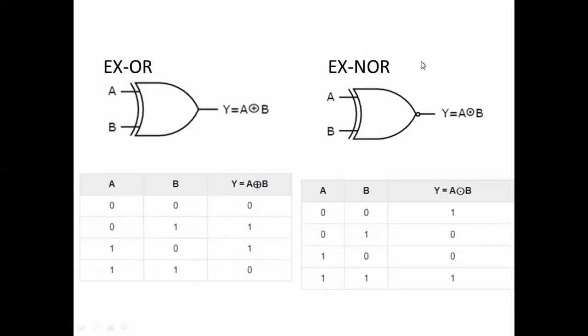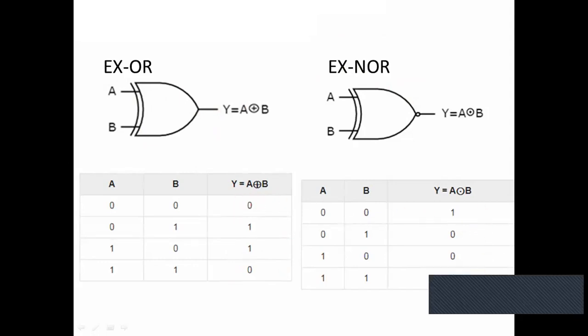Next, the XNOR gate is just the opposite of this. The symbol is a dot inside a circle. XOR gate plus NOT gate is equal to XNOR gate. This is A XOR B, and the inversion of this is the XNOR gate.